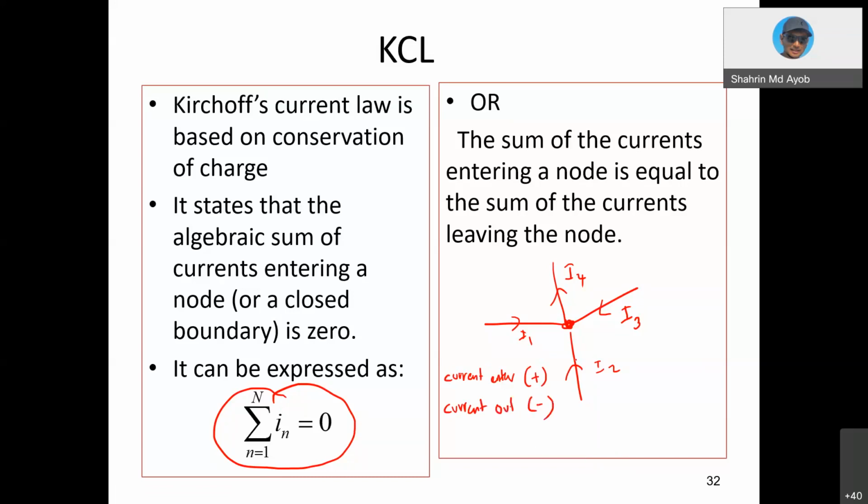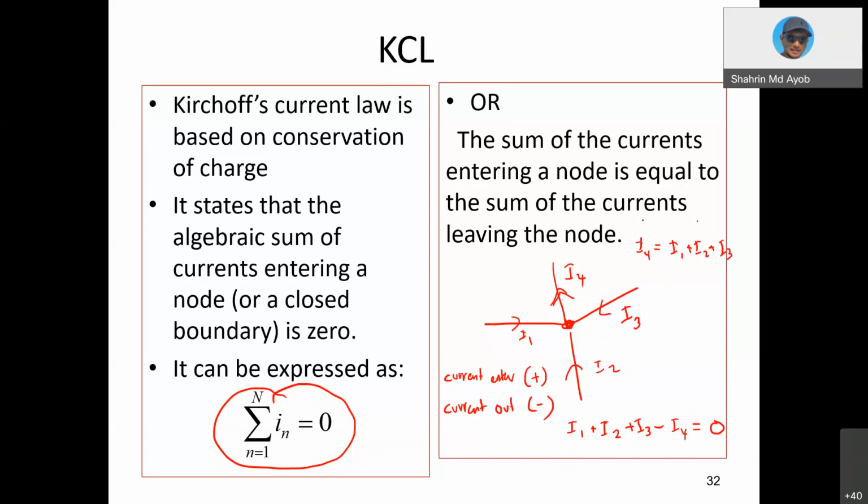So from here, I1 is positive because it's entering the node, plus I2, plus I3, and the only current that goes out from the node is I4, so negative I4, and this must equal 0. If I rewrite this equation, logically I4 is the summation of I1, I2, and I3.